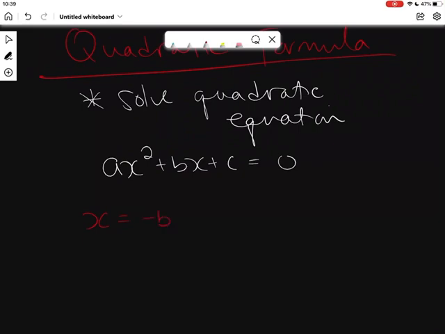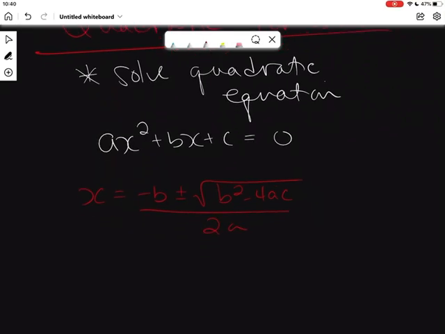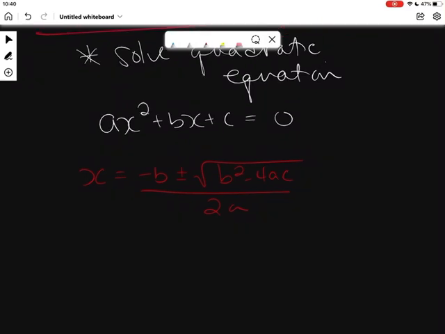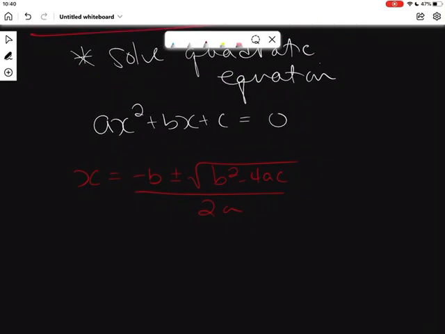It says that if I take negative b, whatever b is, I add or subtract the square root of b squared minus 4 times ac, over 2a, then that will give me the result of some x value that if I was to go back and substitute and plug into this equation, I would end up with a value of 0.